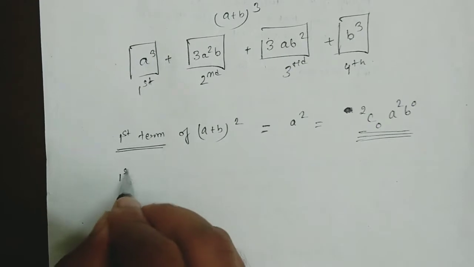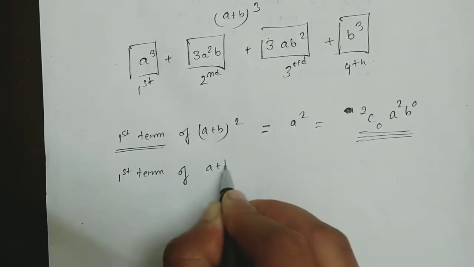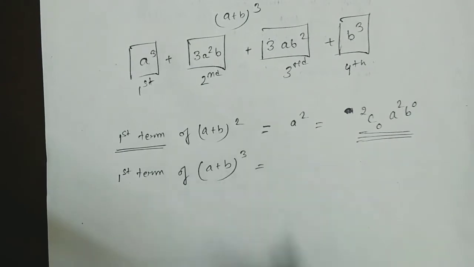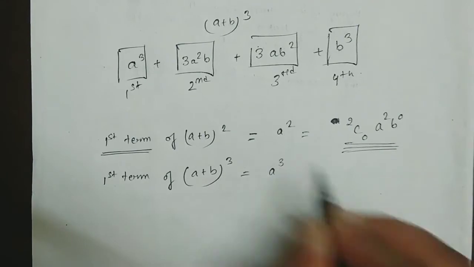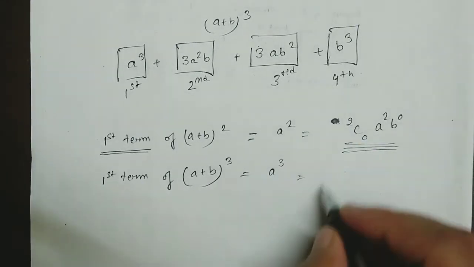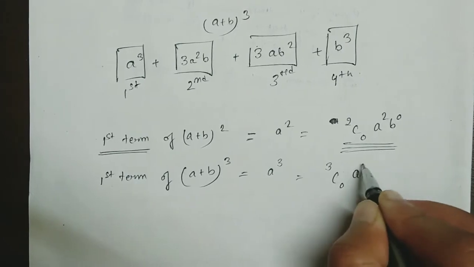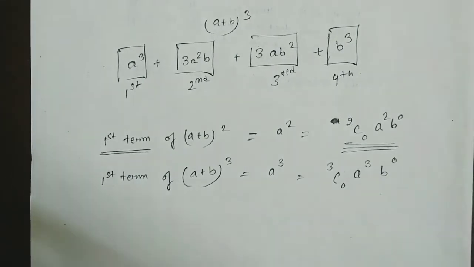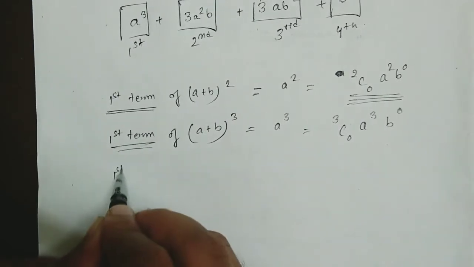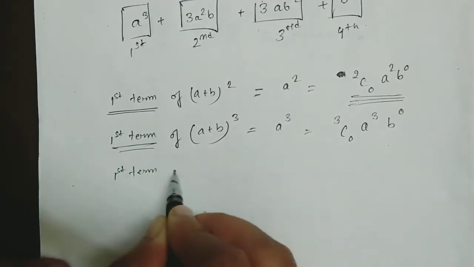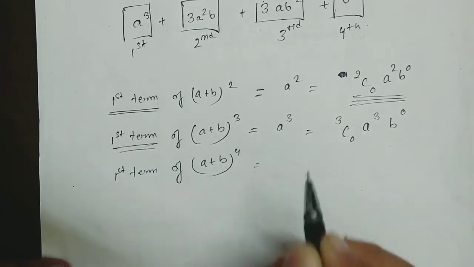চলো let's see first term of a plus b whole cube কি বলছে. ওকে, সেটা আমরা অবশ্যই জানি যে সেটা a কিউব আসছে, বাট আমরা যদি binomial theorem দিয়ে এক্সপ্লেন করি তাহলে কি আসছে? 3c0 a cube b0. Let's do it even for a plus b whole to the power 4.